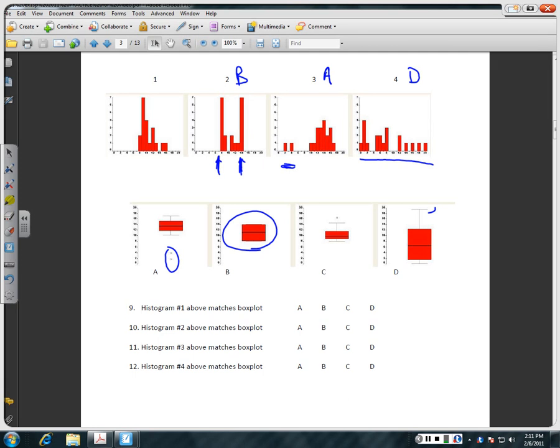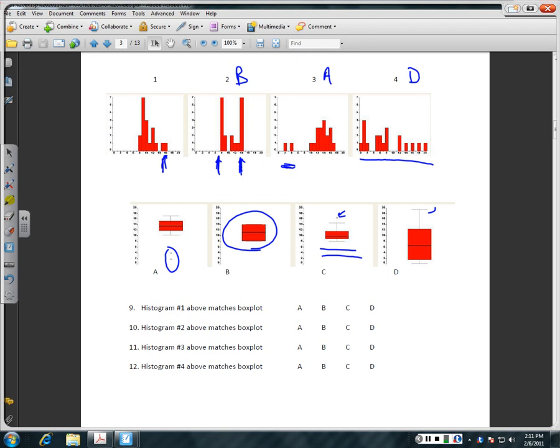And then this box plot C, you can note that there's one outlier there on the upper end, and that's going to be right up here, although it looks like there might be some other ones here. The fence must be right in about here.